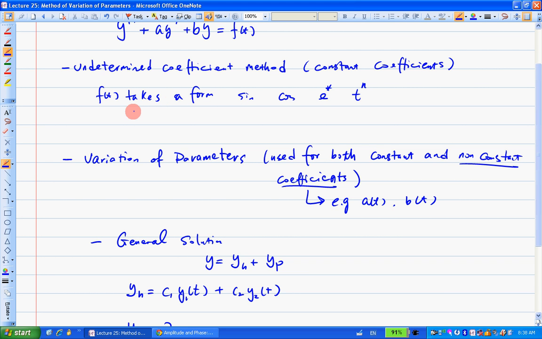But my question here is, what if f of t is not going to take this kind of format? What if f of t is a random, very weird function? It's possible.